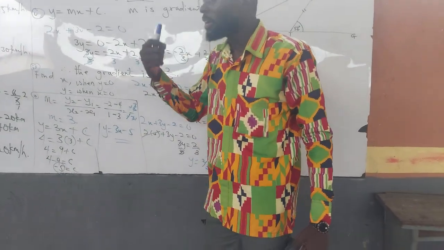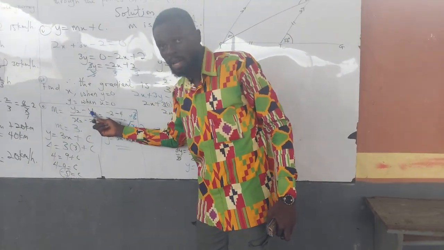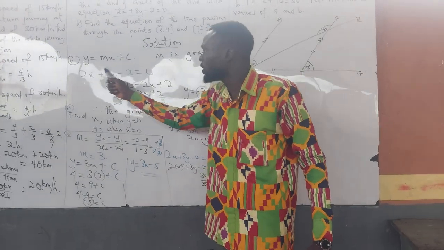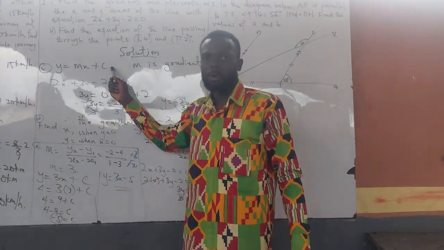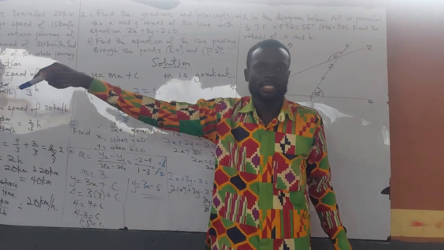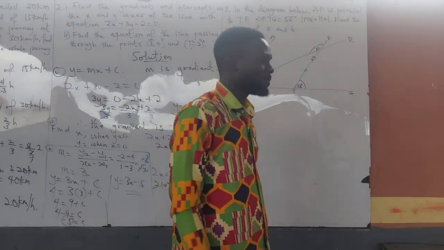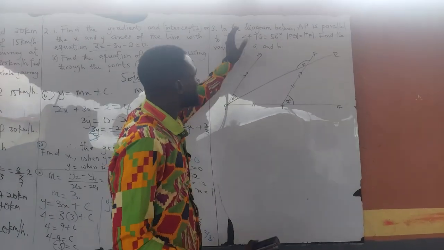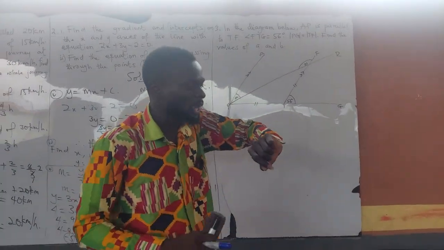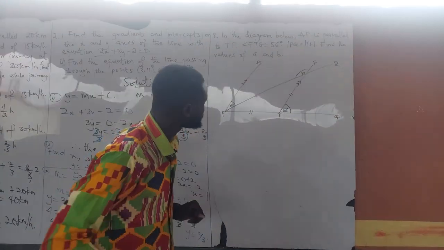Finding the gradient of a line is this formula. Finding the equation of a line is this formula, where m is the gradient. Then you quickly solve for that, as it has been explained. Let's take the last question, then we shall call it a day.